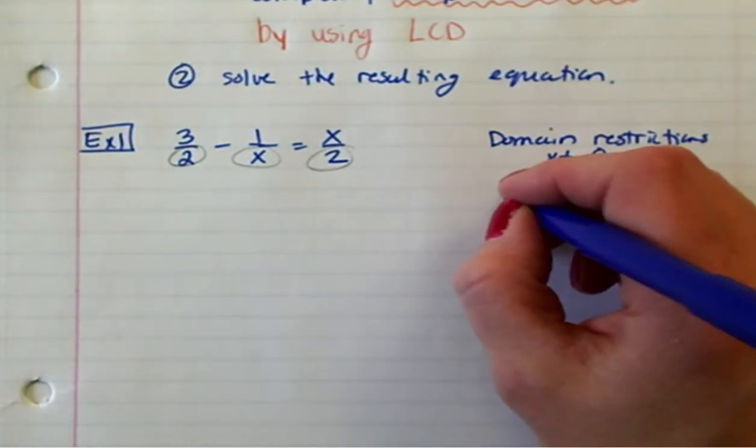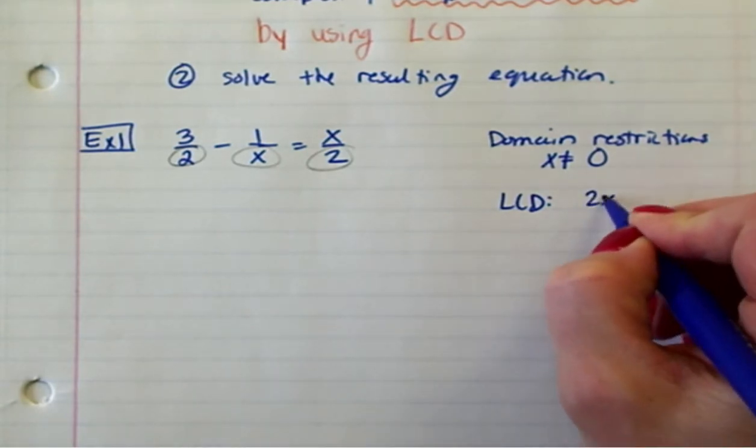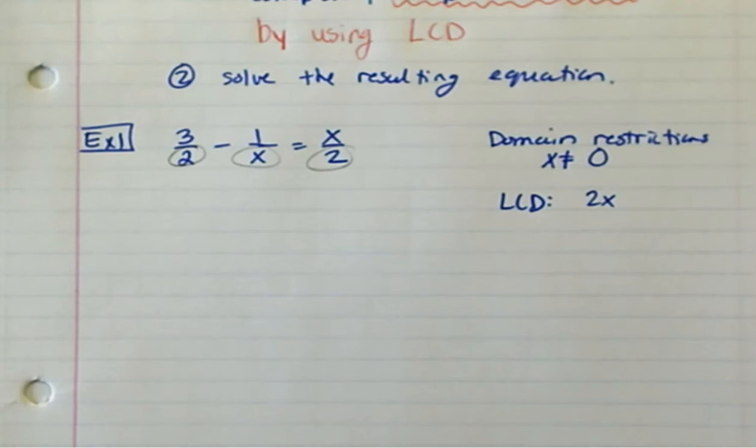Least common denominator. I already circled the denominator, so what is the least common denominator? 2x. Okay. All right. Properties.